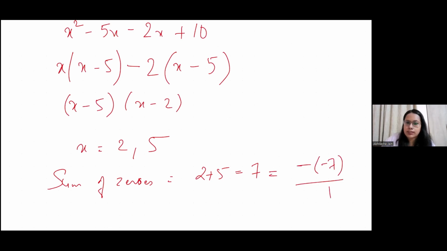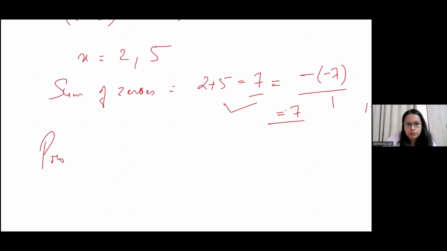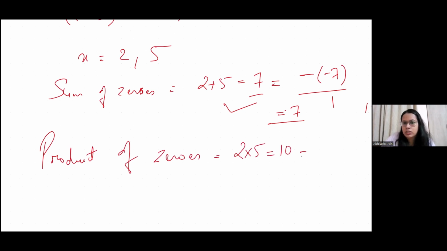So this comes up as 7, which is equal. So hence verified. Product of zeros is 2 times 5, equal to 10, which is nothing but c over a. c here is 10 and a is 1, so again the same. So hence verified. Make sense?